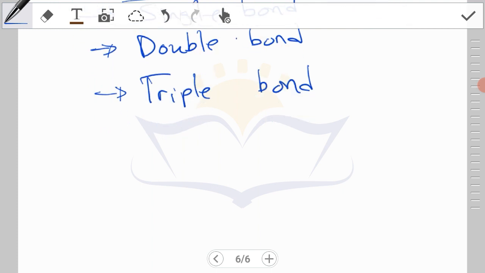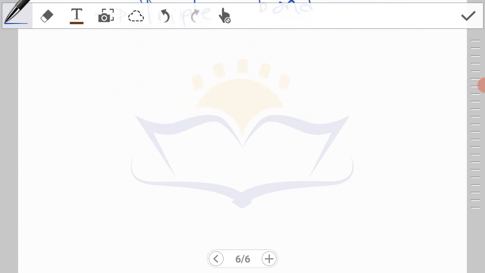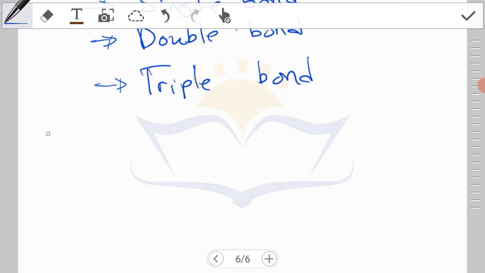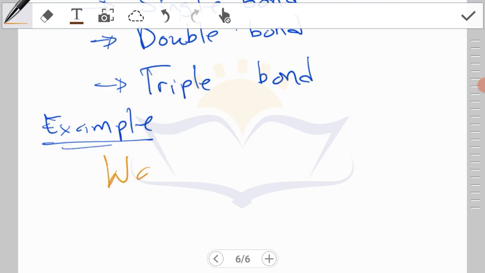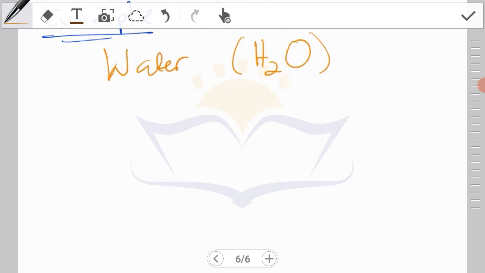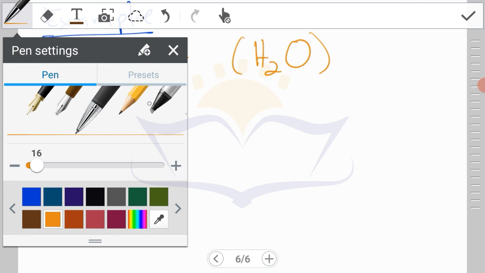Ndiye pomalizira tingoona chitsanzo chabwino cha covalent bonding. Tiona molecule ya water. Water formula H2O. Now tiyambe kuyang'ana each of these independently.